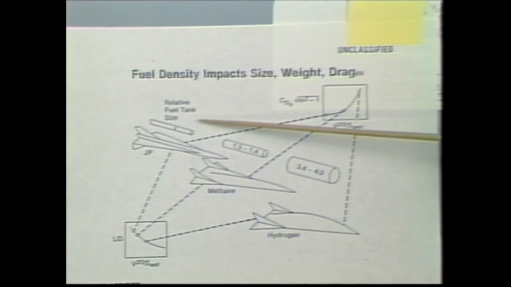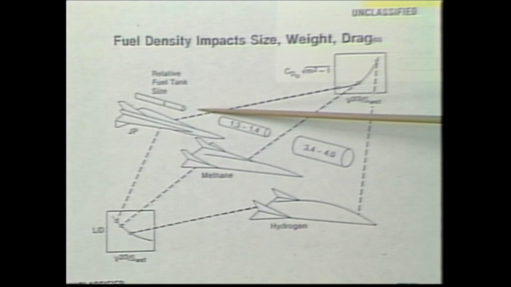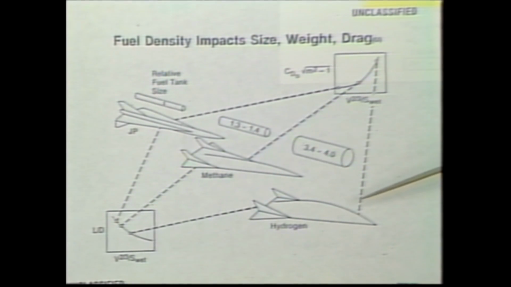Now, we'll point out a couple of numbers. I don't have a lot of time to go through all of Bob Krieger's charts, but I will point out just two of them. One is this, that the fuel density does impact the size and drag of the vehicle.